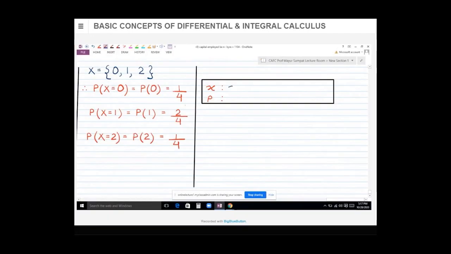This is p1, p2, p3, dot dot dot, pn. When all the values of x are represented along with their probabilities, it is called a probability distribution.